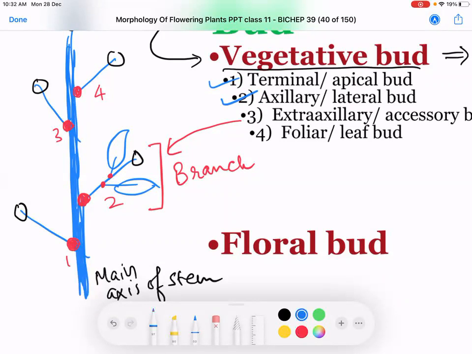Ready? So this is the third type of bud. It is also called foliar or leaf bud. Now, an extra or accessory bud can be of other types as well.